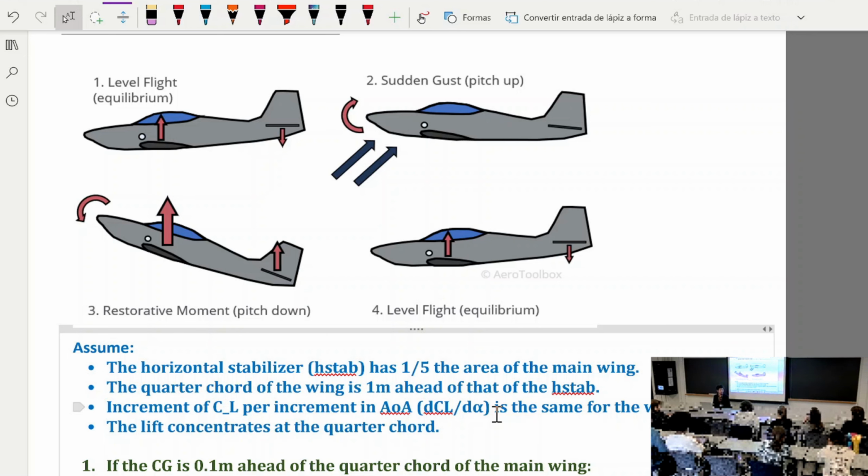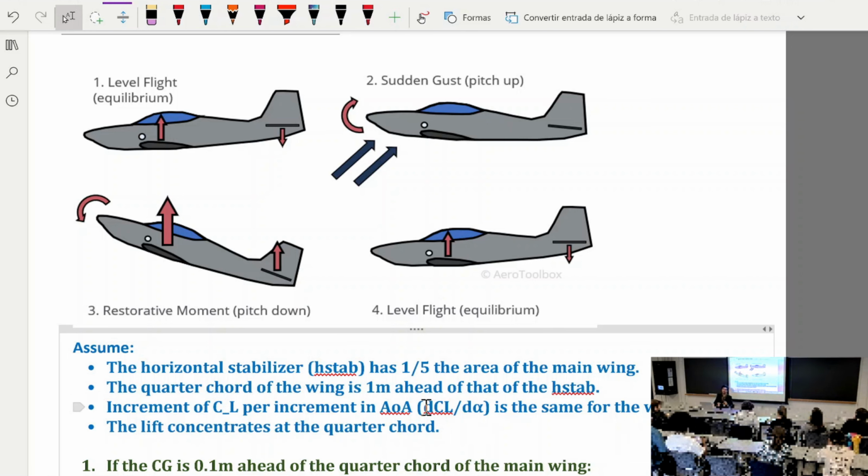Maybe 10% lower, at maximum 20% lower, but roughly this number is going to be 2 pi. So in this case, let's assume this number is a constant, no matter if you're looking at the wing or the horizontal stabilizer. By the way, this is the horizontal stabilizer, this is the main wing, okay?